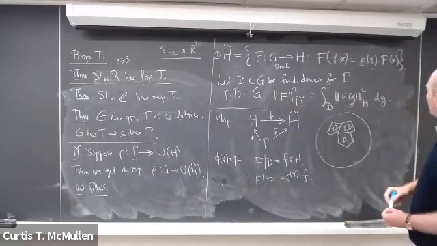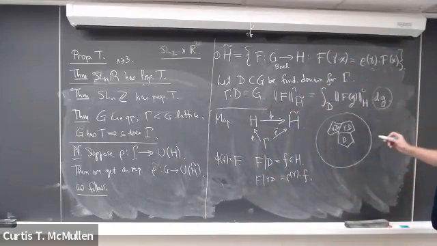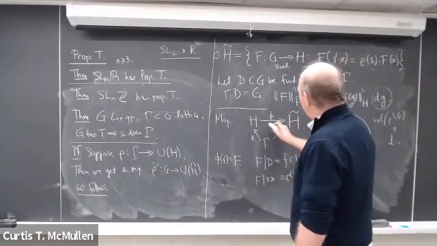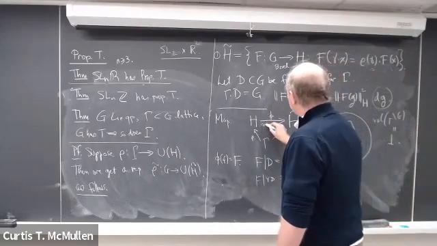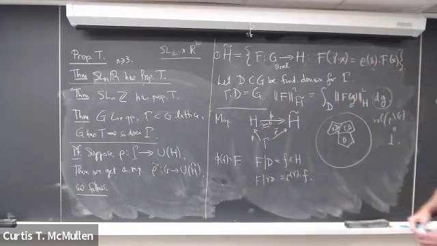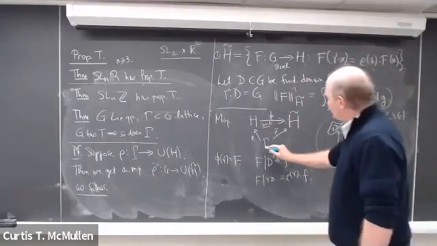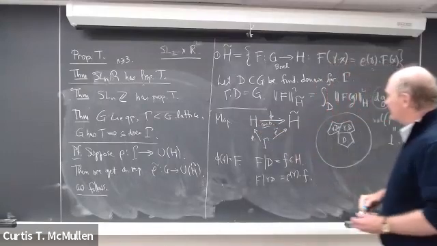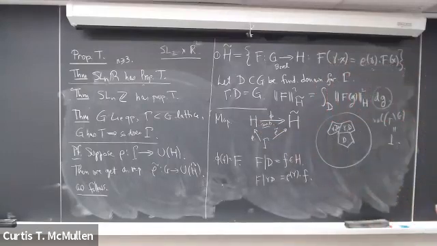And by the way, if we normalize Haar measure so that the volume of gamma mod G is equal to 1, which we can always do since this is a lattice, then this map will be an isometry. So it actually gives us a lifting of this representation of gamma to a sub-representation of H tilde.